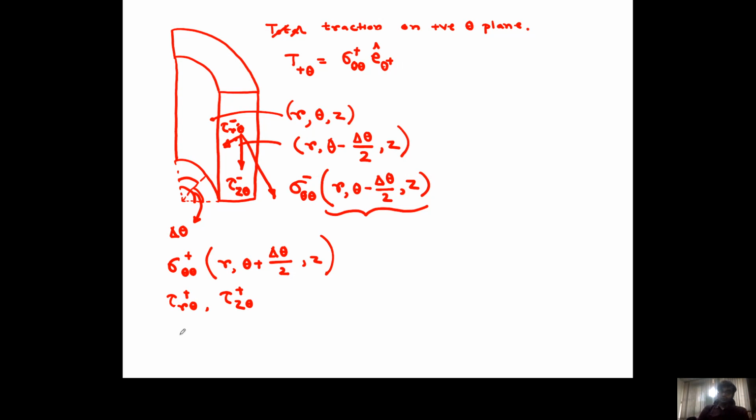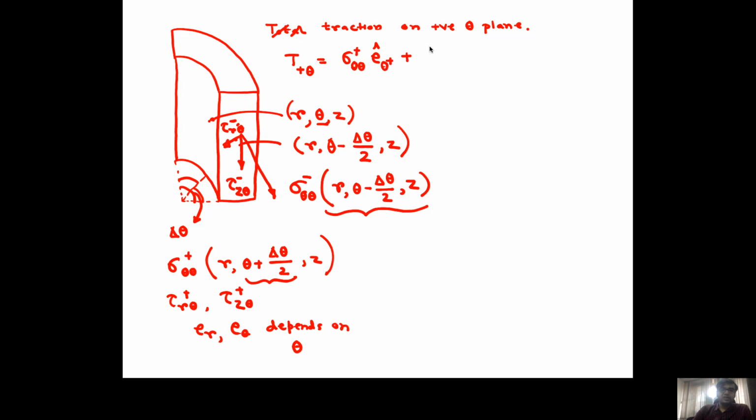Why? Because if you remember in the last lecture we talked about this, that ER and E theta depend on theta. So this E theta is going to change because theta is changing. And so at the center it is theta, but on the positive plane it is theta plus delta theta by 2. So instead of E theta, it will become E theta plus.